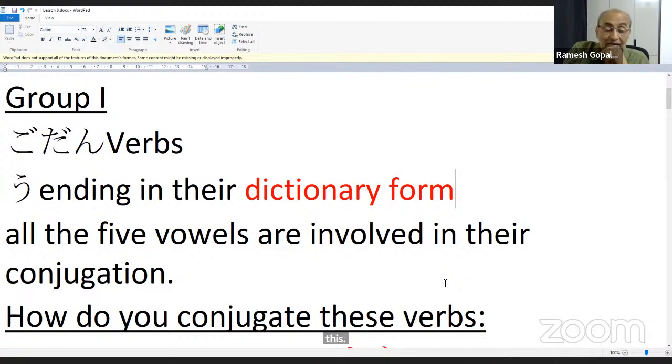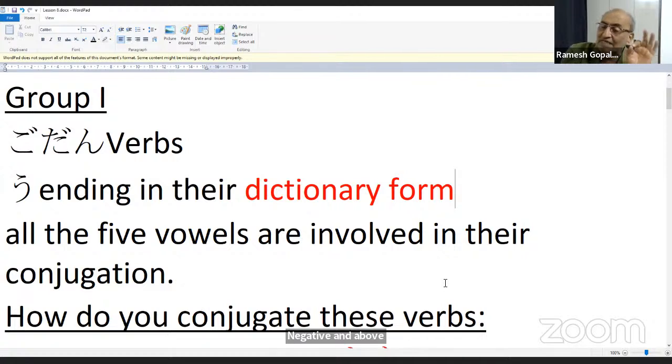Now, above the A line, write negative form. And above the I line, write masu form.